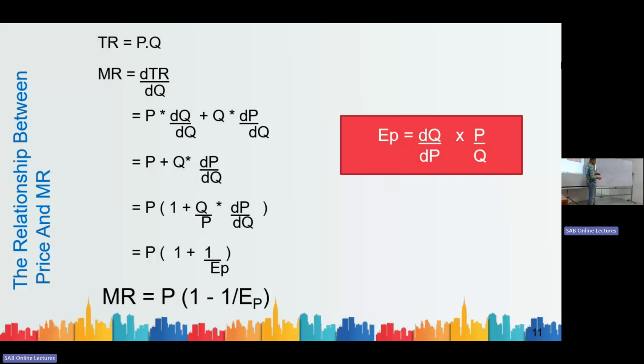The general formula for the price elasticity is percentage change in Q divided by percentage change in price.